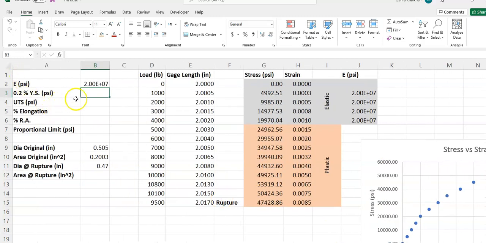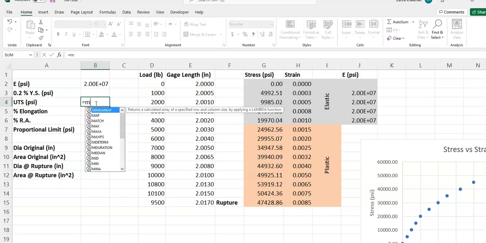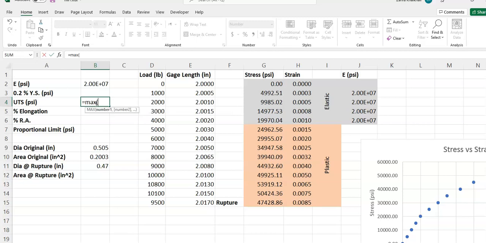Now let's add the formula here: equal sign, max, open the parentheses, and include the entire column of stress inside parentheses. So the ultimate tensile strength is 53,919 psi. This value here.